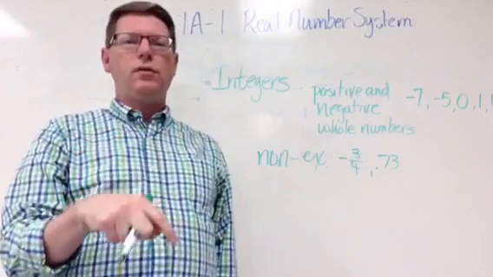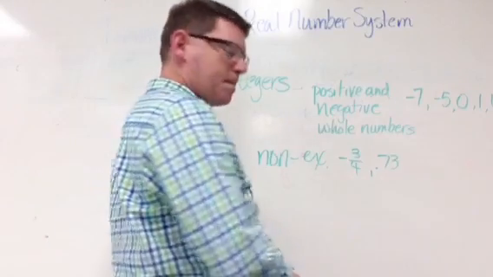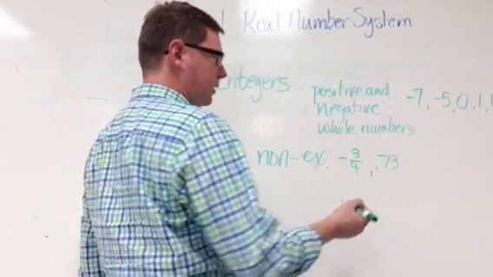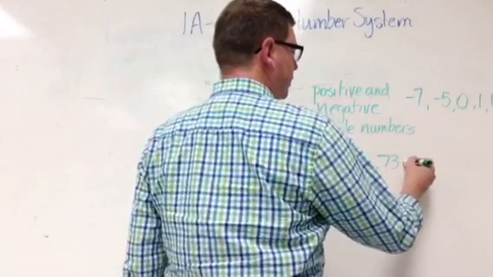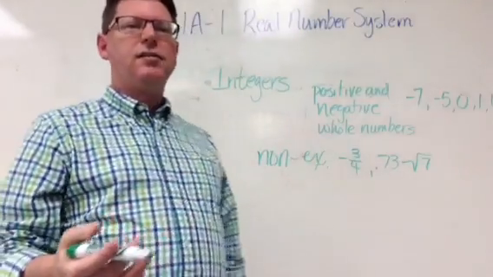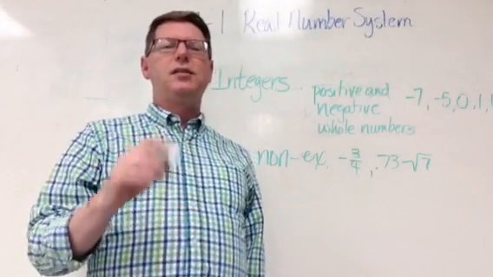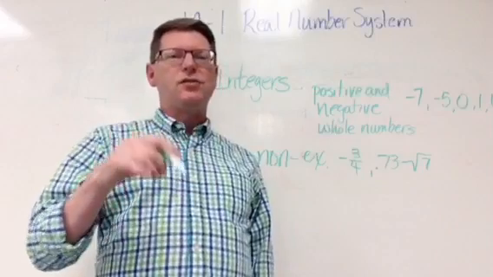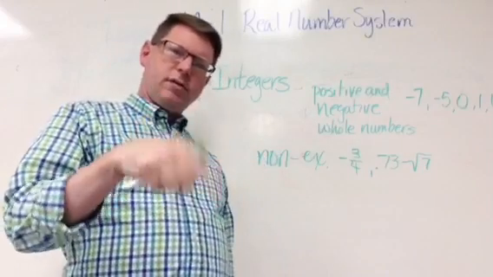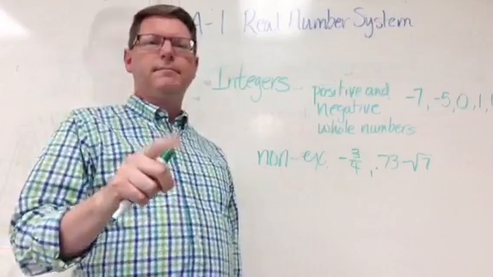Integers can only be whole numbers. Okay? And another one we could put is like the square root of 7. Now if we calculated this out on the calculator, we would see that the square root of 7 does not have an answer that's a whole number. There's a big decimal to find the square root of 7. The square root's new to you? Great, we'll learn about those later.